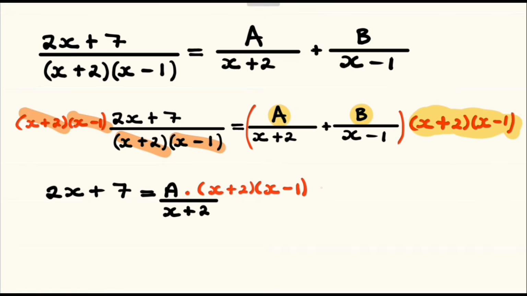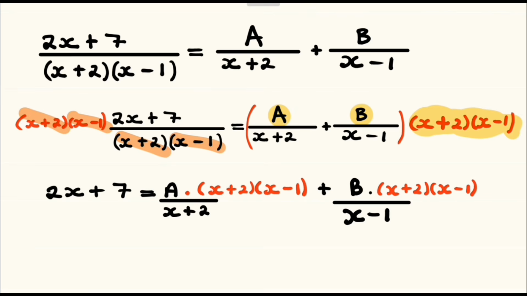plus the b divided by x minus 1, which we also multiply with the x plus 2 multiplied by the x minus 1.